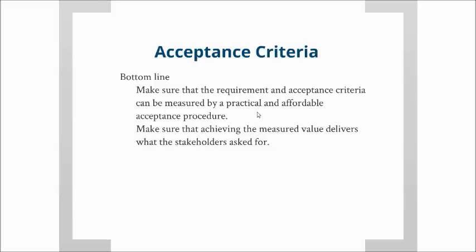So when you develop the acceptance criteria, it's good to have your testing team, or at least your test lead, to come in and just glance at the acceptance criteria and make you aware of those kind of things.